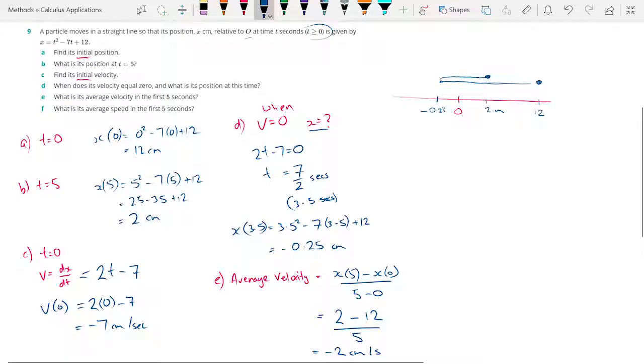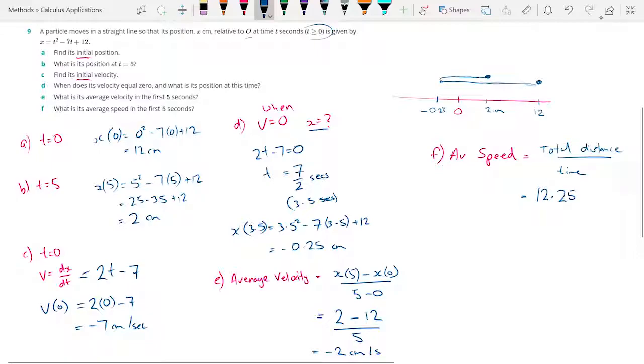So the particle's actually traveled for 3.5 seconds, stopped, and turned around. So when we look at part F and we want the average speed, we want the total distance divided by the time traveled. For the first 3.5 seconds, we traveled from 12 to negative a quarter, so we're traveling 12.25 centimeters.